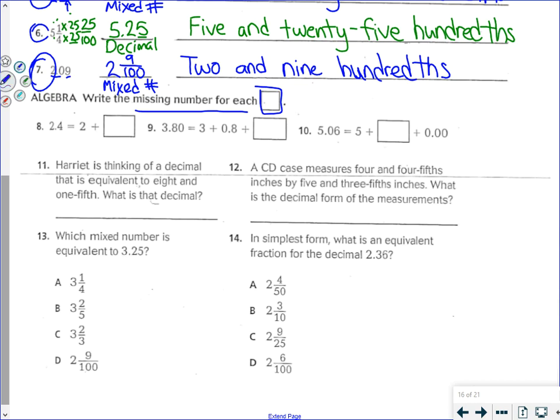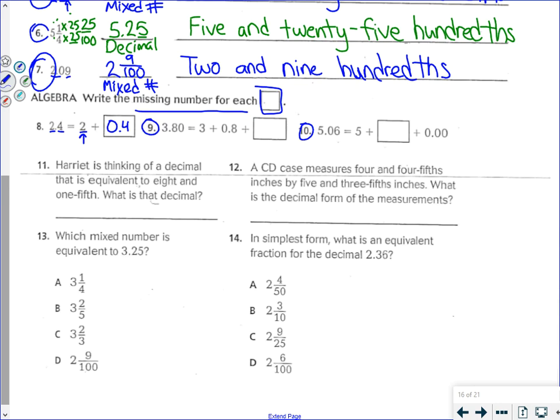So I notice that we have the 2 here and we have a 2 here. So what are we missing that we have to add to the 2? We're missing 0.4. Okay, go ahead and try these 2 by yourself here.